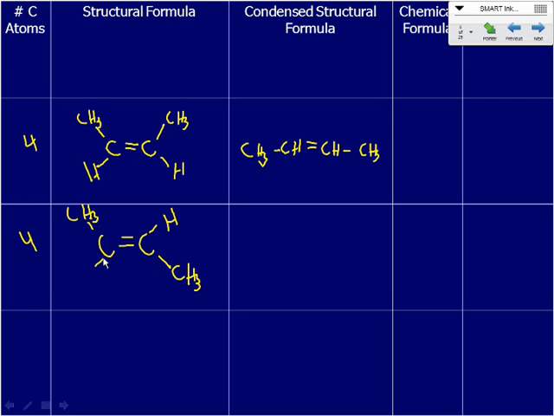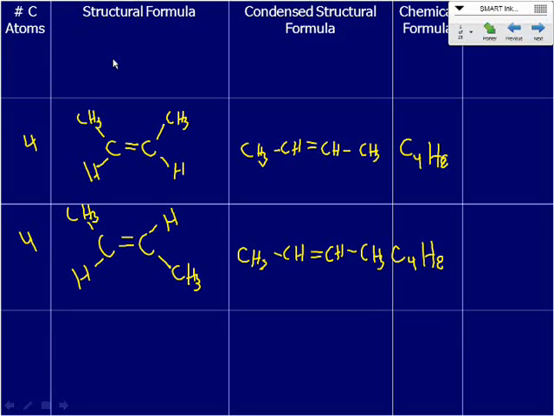H, H. Condensed structural formula is going to look the same: CH3, CH, double bond CH, CH3. And these are all C4H8. And you're right, these are both 2-butenes, but one of them has the CH3s together, and one of them has the CH3s on opposite sides.